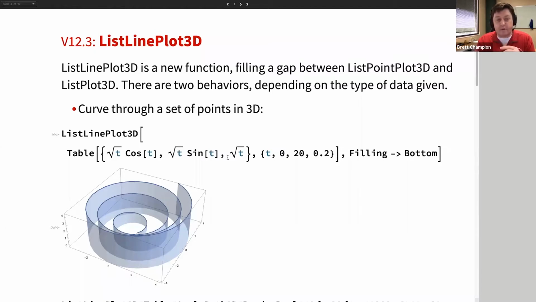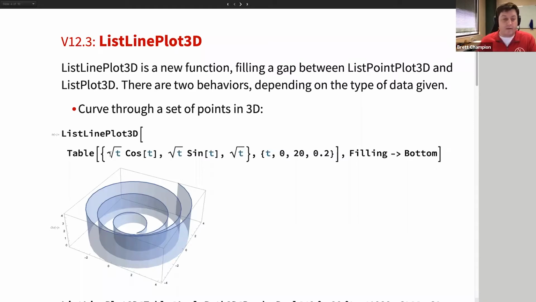The first case is where you're giving it a bunch of XYZ triples. In that case, it's going to behave similar to what ListLinePlot in 2D would do, and just draw a line connecting all the points in the order that you gave them.